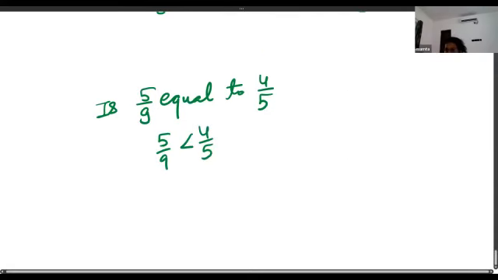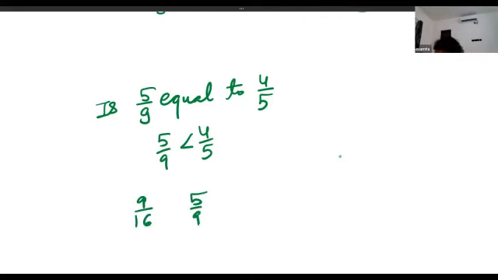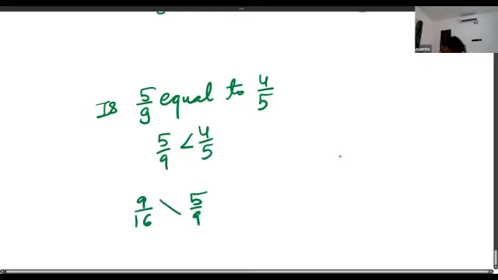Clear? Next is Ashwath. Is 9 by 16 equal to 5 by 9? Which one is more? Ma'am, first we should multiply them. 9 into 9 is 81.